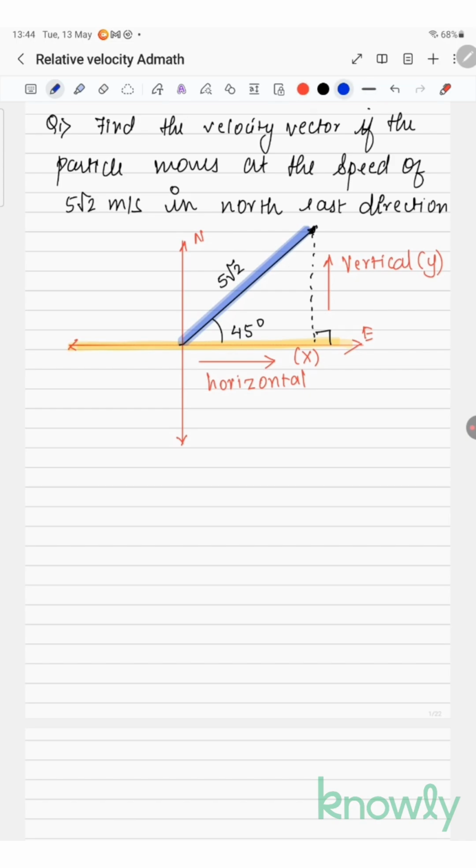So here let's use trigonometry. So can I say cos 45 is equal to adjacent over hypotenuse. If I look at this, this is the adjacent side and this is the hypotenuse. So adjacent is x over the speed. What is the speed? This is the speed over here, right? So speed is 5 root 2.